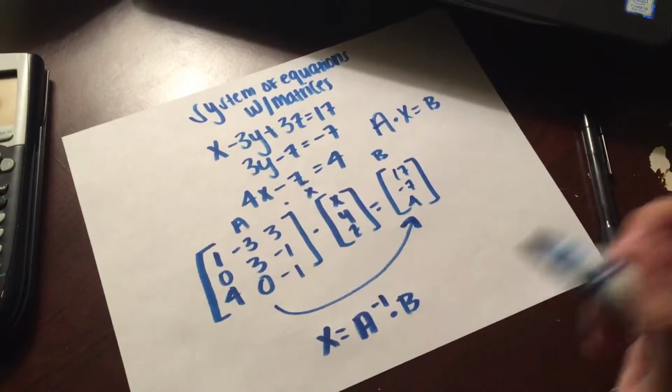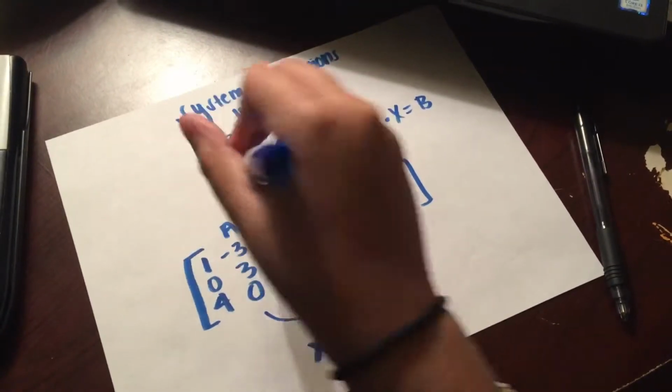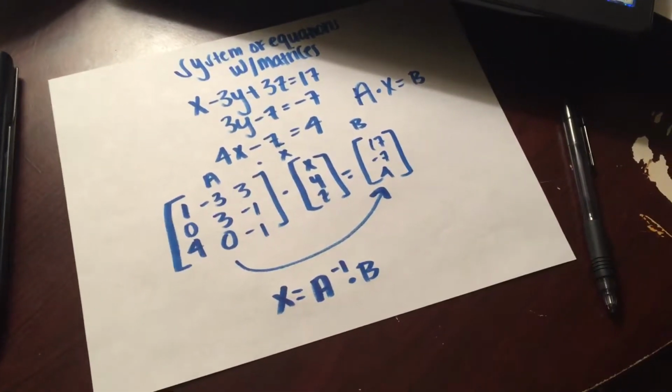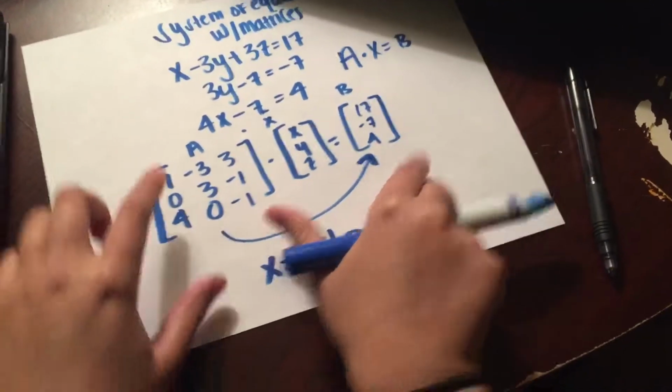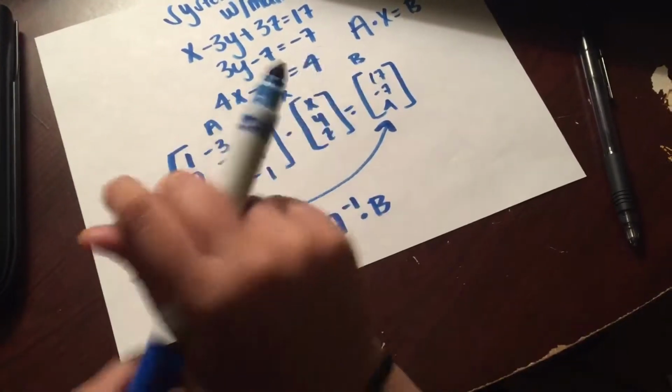So in order to even find solutions in the first place, this has to have an inverse. If not, then you can't figure out the equation. So I like to look at the problem so I can know what I'm supposed to be plugging into the calculator.